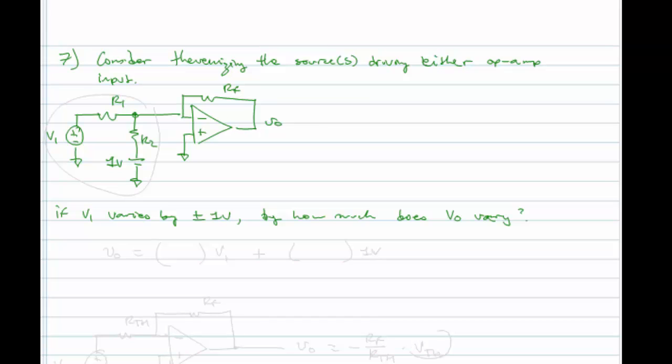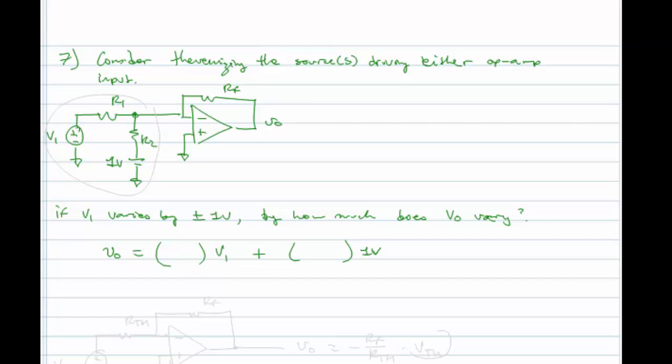So what I'm looking for is, I know by now that VO is going to be some function of V1 and some function of the 1 volt. Right? And when I mean function here, it's going to be a constant.